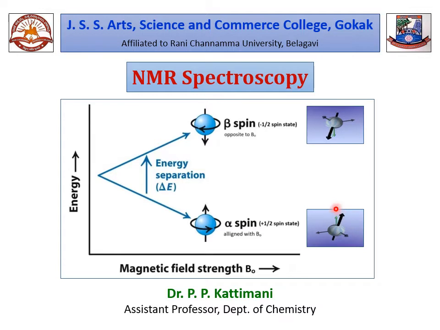Here you can see how the precession of the proton changes from alpha to beta spin state. So from this GIF we can easily understand the fundamentals of proton NMR spectroscopy, which we have studied in the previous sessions.